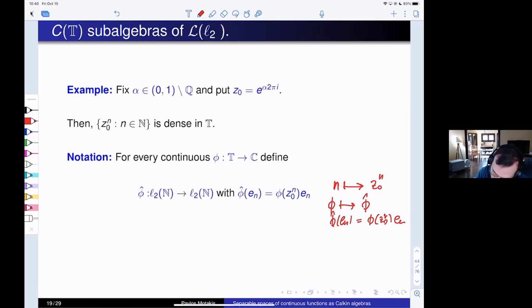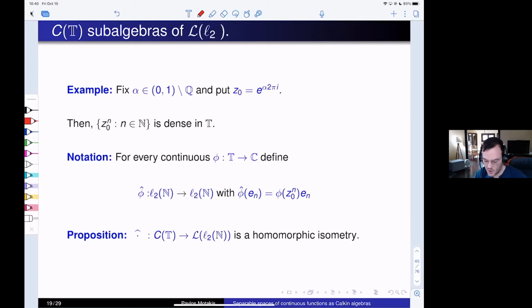Then, if you do this identification between continuous functions on the torus and bounded linear operators on the Hilbert space, this is a homomorphic isometry, and this is standard to check. So in this way, you have created a commutative star subalgebra of the bounded linear operators on the Hilbert space that exactly generates the continuous functions of the torus.